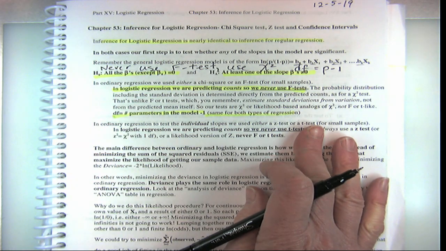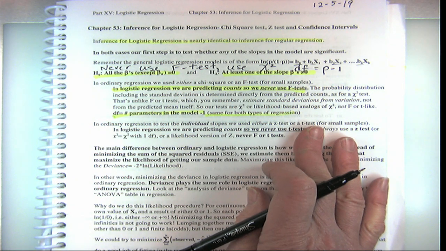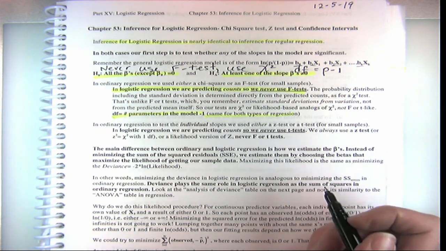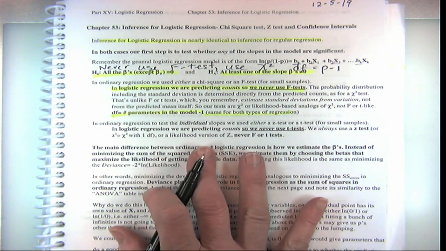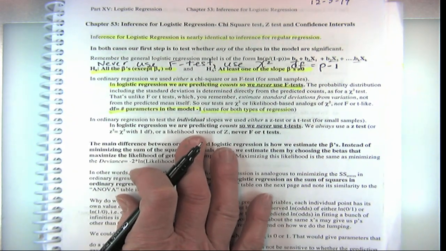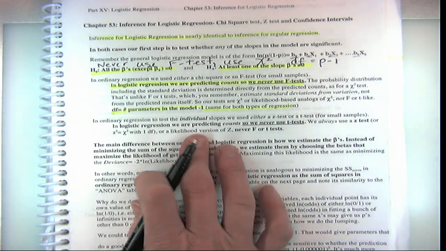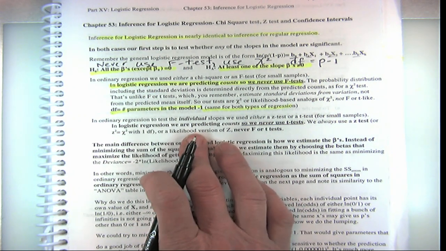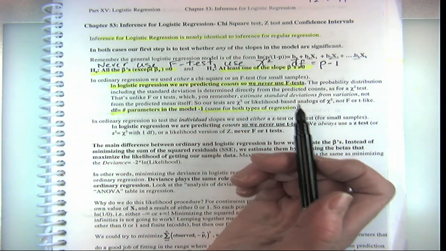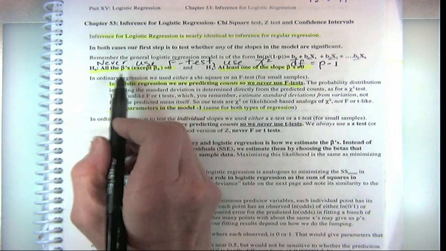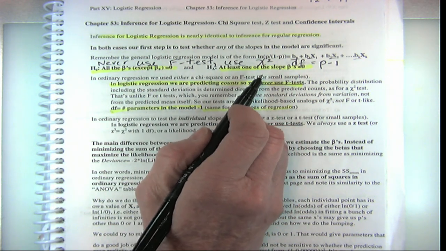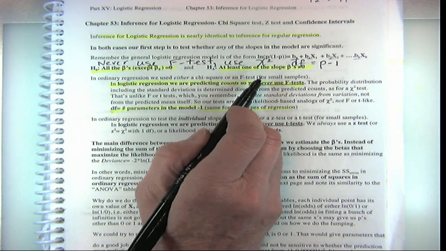All right, now, what else do we need to talk about here? What we're going to do is, after we do this overall test for the collective effect of all the slopes, just like we usually do, if we reject the null that they're all equal to 0, then we know at least one of the slopes is non-zero, and the next step is to test those individual slopes.